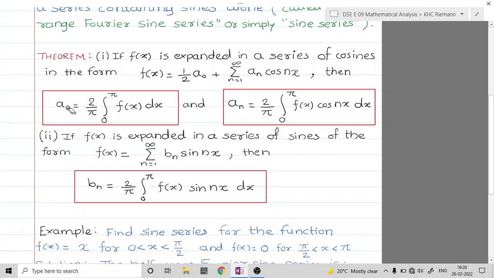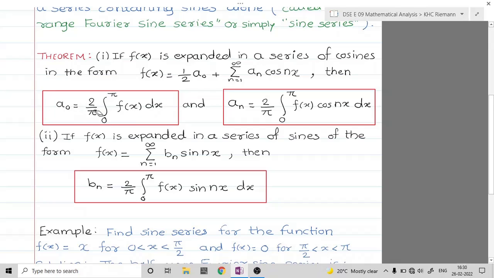Our old formula was a0 is equal to 1 upon pi. Now that becomes a0 is equal to 2 upon pi integration, and as I told in the beginning that we are taking the interval half part only, 0 to pi. So obviously integration from 0 to pi f of x dx.